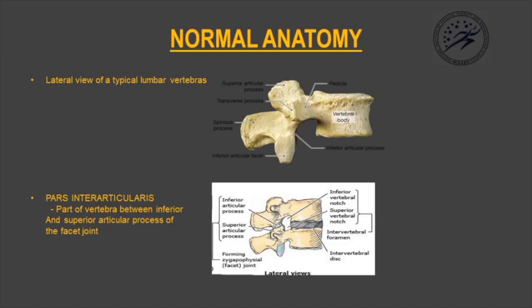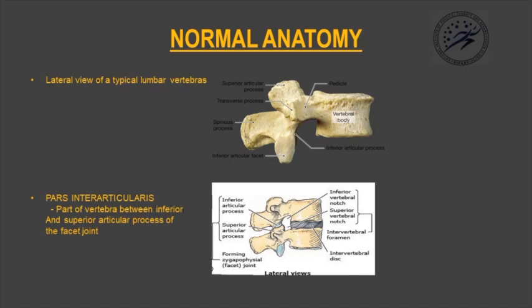So we have the pars interarticularis, the portion of bone between the superior and inferior articulating processes and the thinnest part of the neural arch. It is the weakest area in the neural arch, which is susceptible to stress fracture.